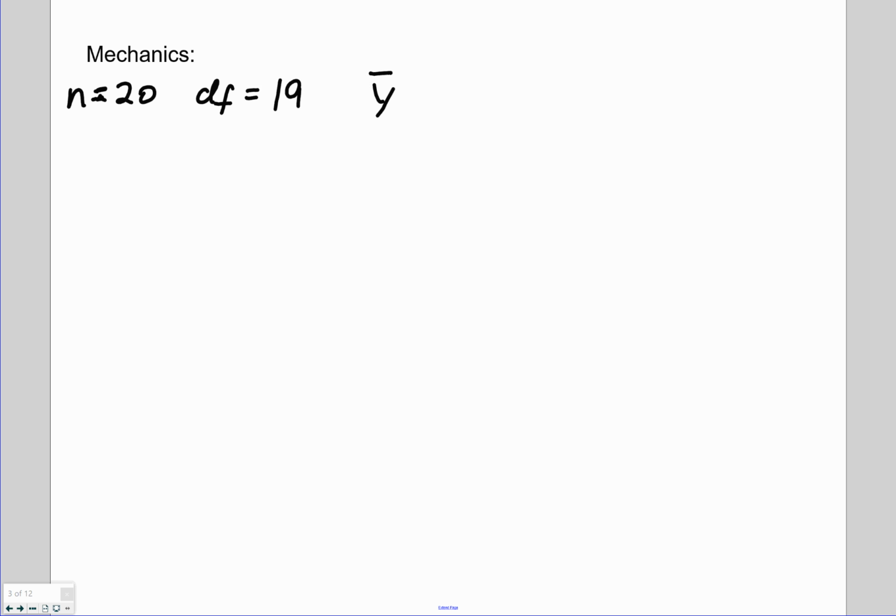What is our y bar? 9.845, and that's in ounces. And then our S, the sample standard deviation, I'm just going to round here, 0.199. Any questions on where we got these numbers?